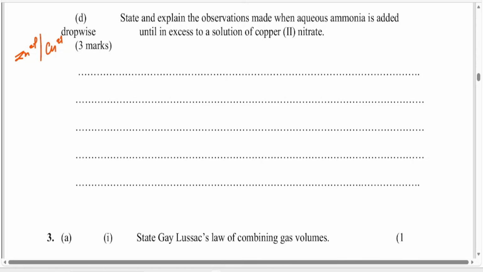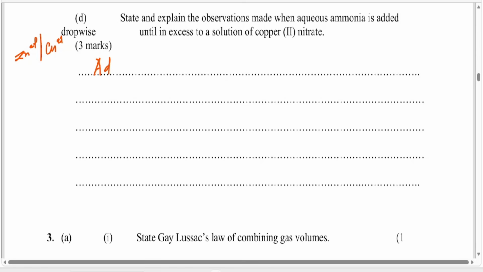In the case of copper, adding a few drops of ammonia forms a pale blue precipitate. Adding more, or in excess, the blue precipitate dissolves to form a deep blue solution. So we are being taught to state and explain the observations made when aqueous ammonia is added dropwise until in excess to a solution of copper 2 nitrate.